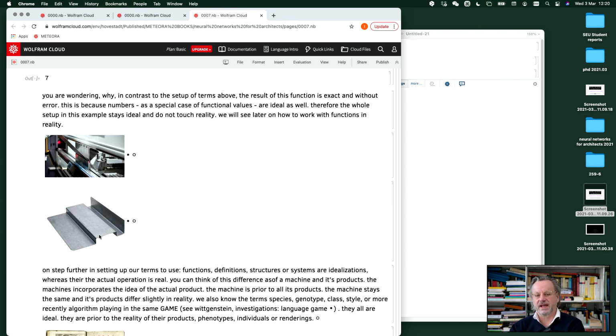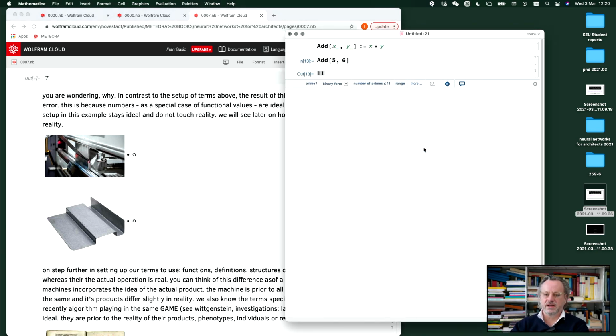We would say this thing here is predicting the next product. So here, with a function and numbers, the only difference is that the numbers we are putting in here, what we are doing is not working with metal sheets, we're working with numbers. So we are not working with reality, but we're working with the ideal of numbers. Therefore all this stuff in this simple form stays ideal and has no error.